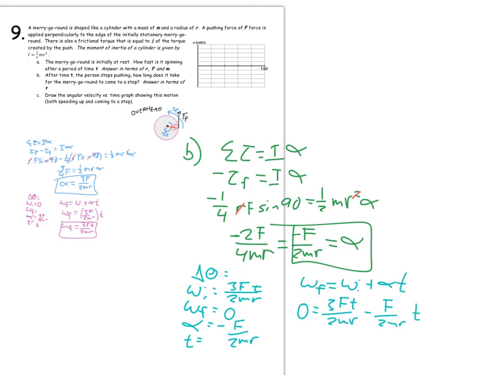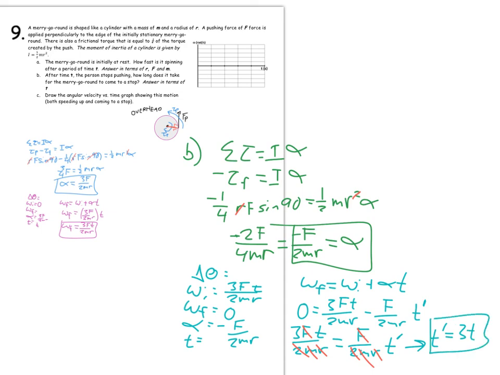We can move that one term over, and so we get 3Ft over 2mr equals F over 2mr times t, and this is really t prime, the time we're solving for here. The F's cancel out, the m's, the r's, the 2's all go away, and what we're left with is just that t prime equals 3t, 3 times the time it took us to speed up.